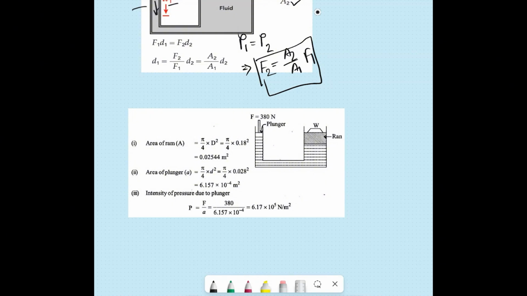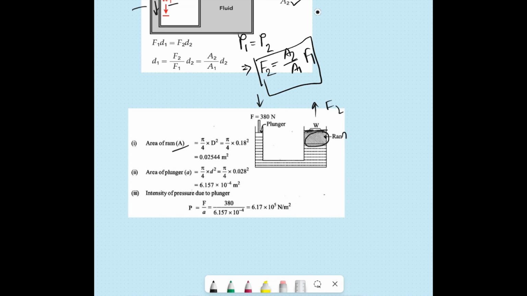Here is an example. Say the smaller piston force is F1, and here obviously the other force will be F2. The very first question is the area of a ram. So this is actually the ram, and we have to find out how much area could be here.